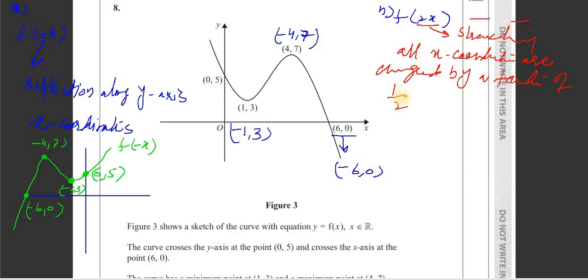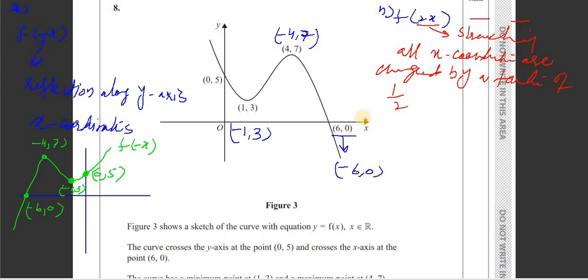Meaning you need to multiply every x coordinate by a half. We always do it like that. If this is 2, we take 1 upon 2. If there is a 4, we will take 1 upon 4. If there is a 1 upon 2, then we multiply by the factor 2. We always take the reciprocal.